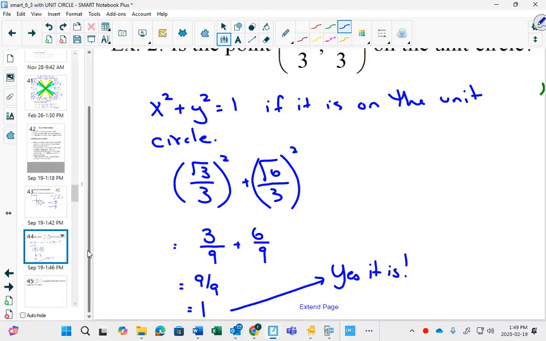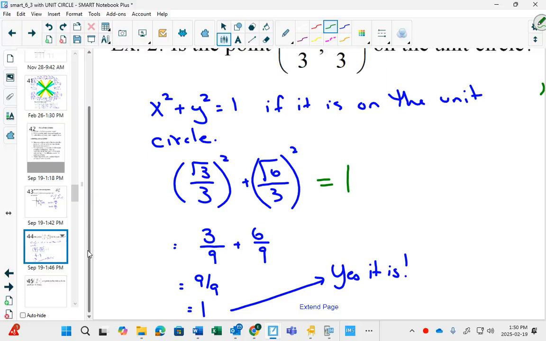If it was written this way, you would get full marks. A number of students lost a half a mark because they wrote equals 1 right away. You haven't figured that out yet. You don't know if it's equal to 1. And what happened on the exam is that it actually didn't add up to 1. But they wrote equals 1, equals 1, equals 1, and then went, no, it's not.